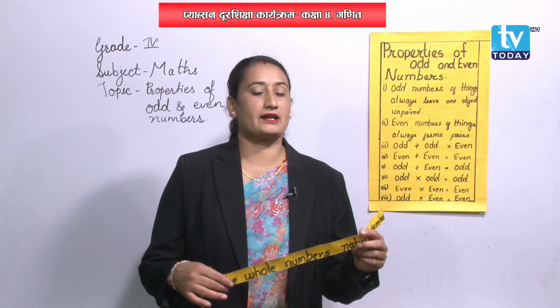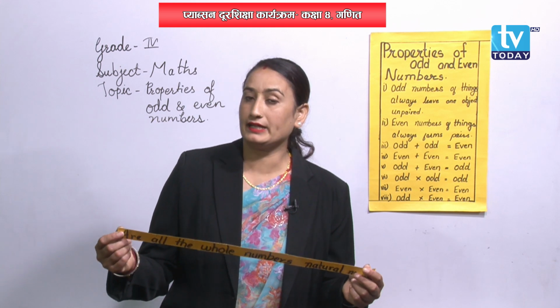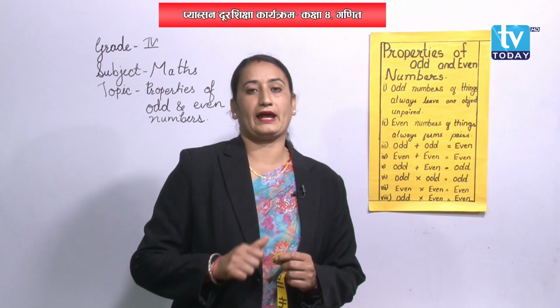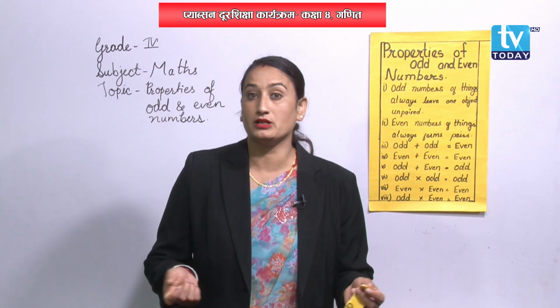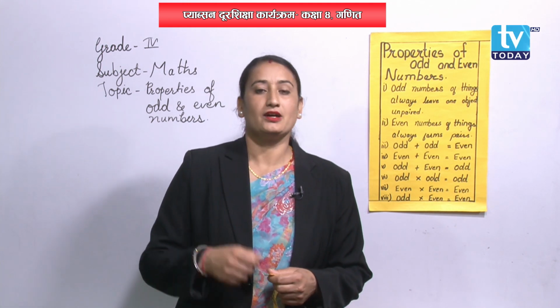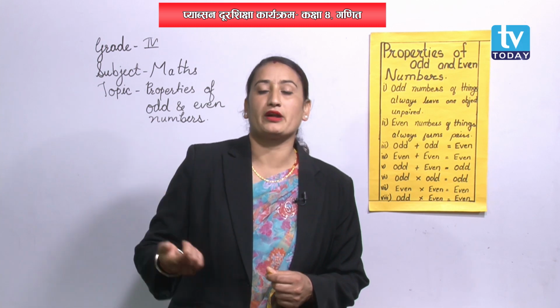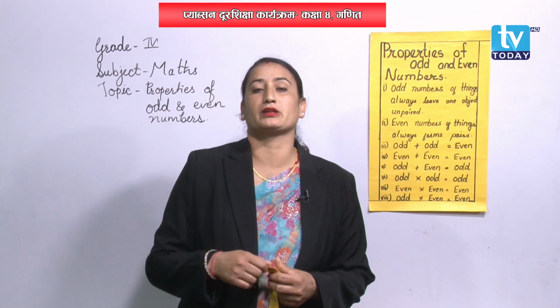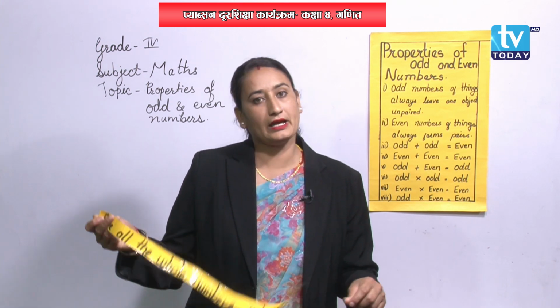All the whole numbers are not natural numbers. Why? Natural numbers always start from 1 and whole numbers always start from 0. So all natural numbers are whole numbers, but all whole numbers are not natural numbers.